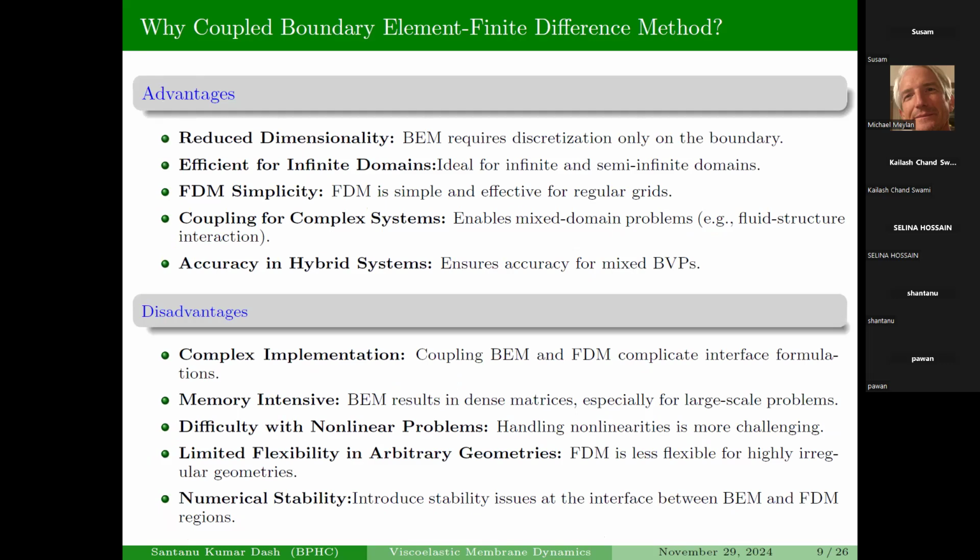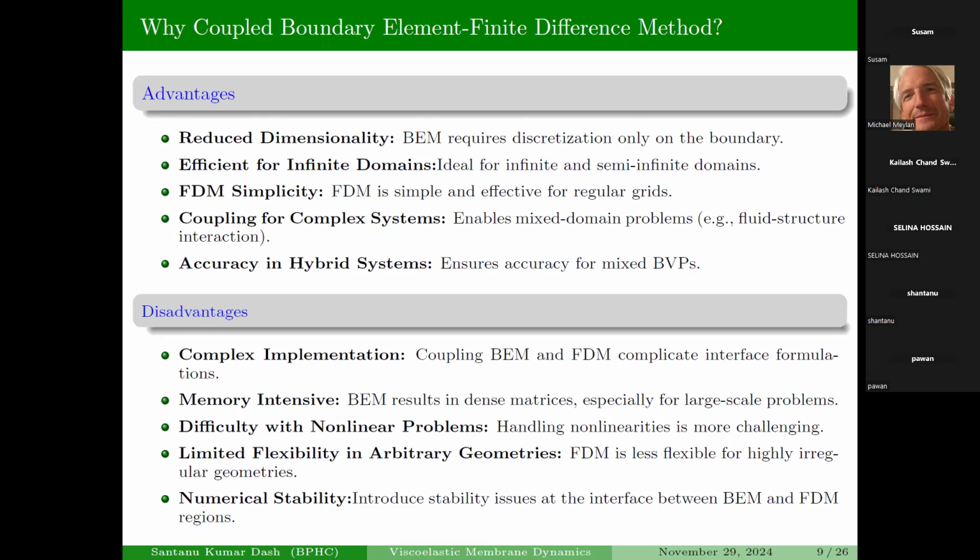So in this realm, numerical techniques can comfortably handle this kind of structure. And the reason for the boundary element method is that, rather than the finite element method and finite difference method, the boundary element method itself reduces the dimensionality of the problem, because the entire computation is carried out only over the boundary. And it is considerably efficient.